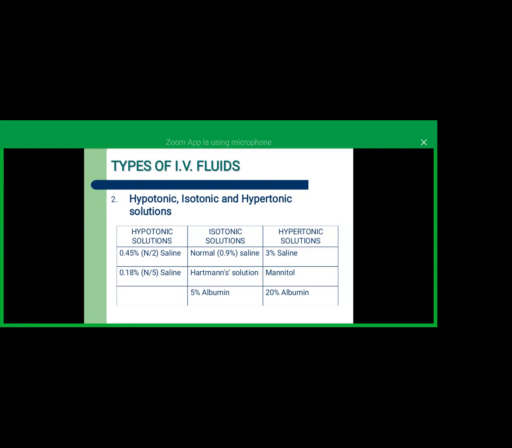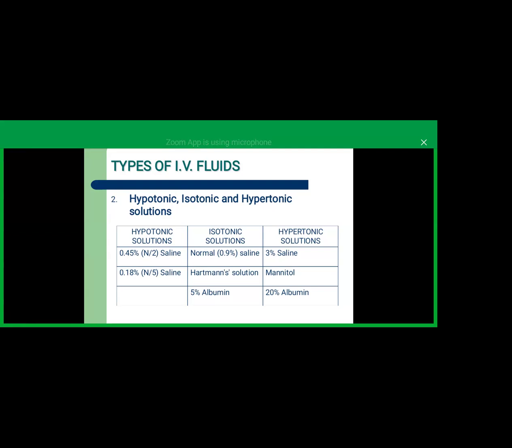But if the sodium content is less than 136, we say it is hypotonic. So the tonia is referring to the sodium content of that fluid. What amount of sodium is in the fluid? That is what the tonia means.